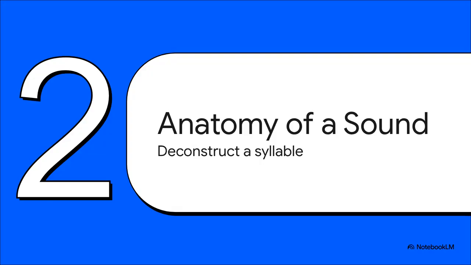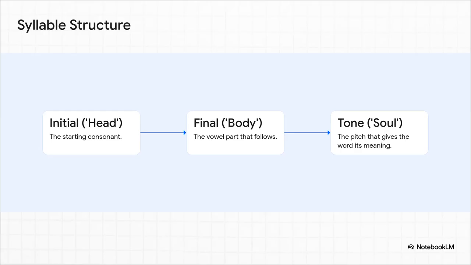Okay, so we've got the system pinyin, but how does it actually work? Well, let's pull back the curtain and deconstruct a single Mandarin syllable. You're going to see it's way simpler than you probably imagine. Every single syllable in Mandarin has the exact same three-part structure. It kicks off with an initial, that's the consonant sound, kind of like the head of the syllable. That's followed by a final, the vowel part, which is the body.